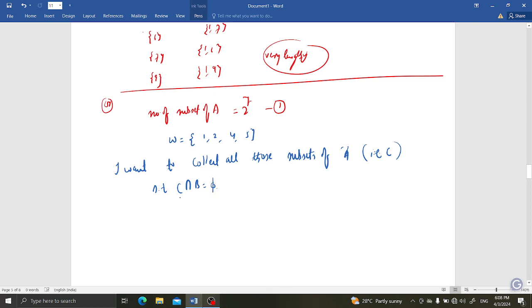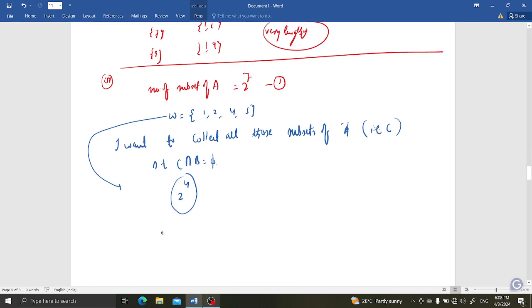So how can we collect them? How many are they in number? Actually they are 2 raised to the power 4, because if I take any subset of W, its intersection with B has to be empty.